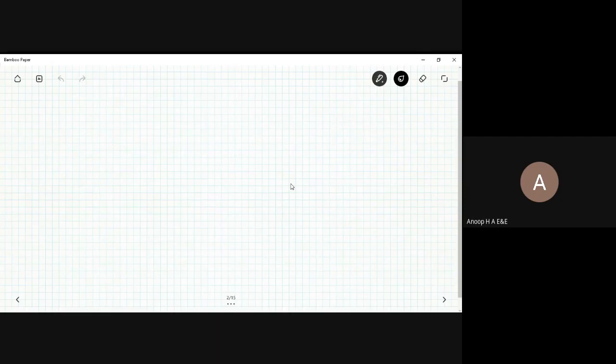You will get a question like this: check whether the given signal is odd or even.